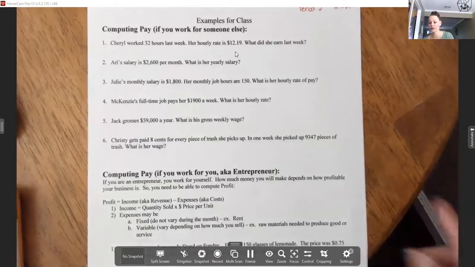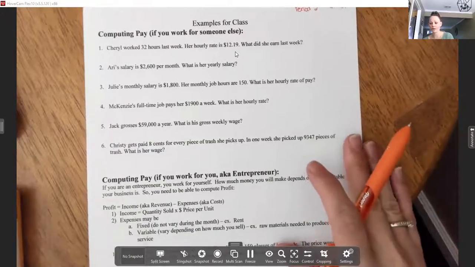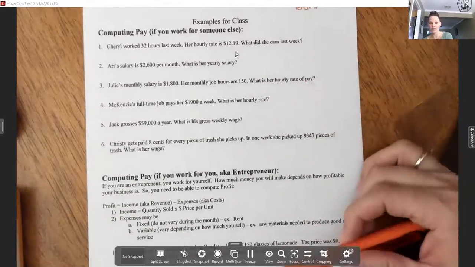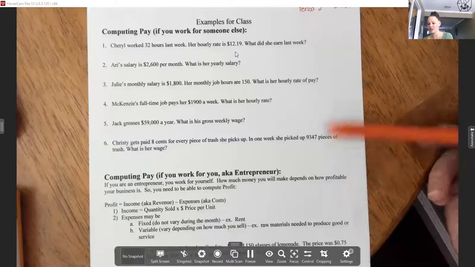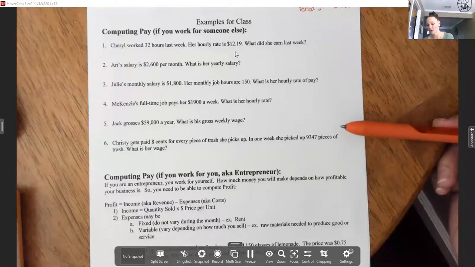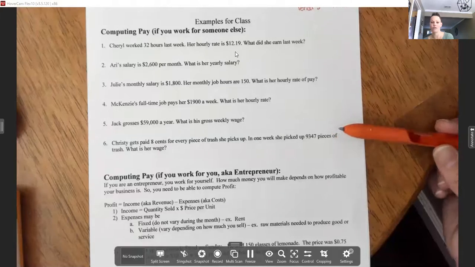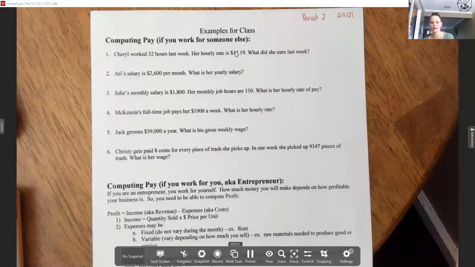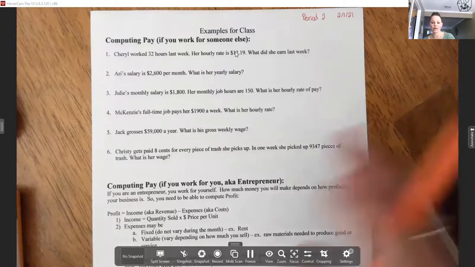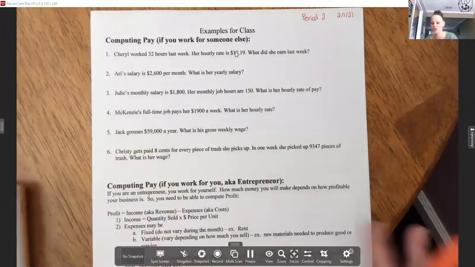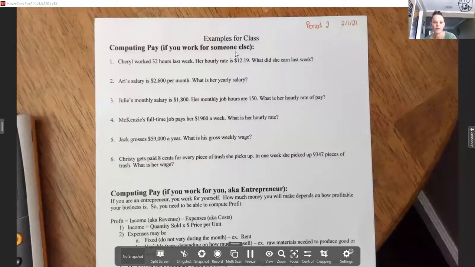So again, you are either printing this or you are writing it in your notebook and you'll take a picture of your work, or you are starting a new doc and you are going to type out all of your work. Just make sure you title it. And this will be the first thing that goes in your doc that is due on Friday. Any other questions before I get started?